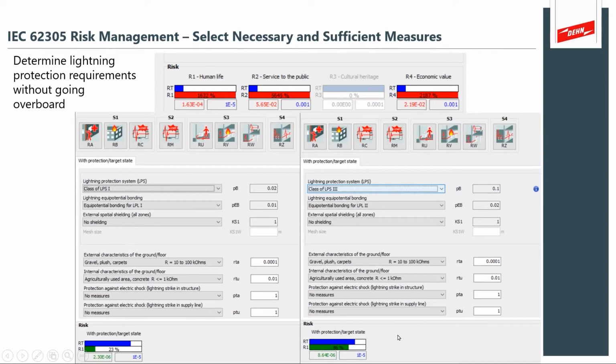Because we know that when you apply your measures, the higher level of LPL, such as LPL 1, will end up costing more. So we're trying to control the risk without incurring excessive spending to get the result that we need.